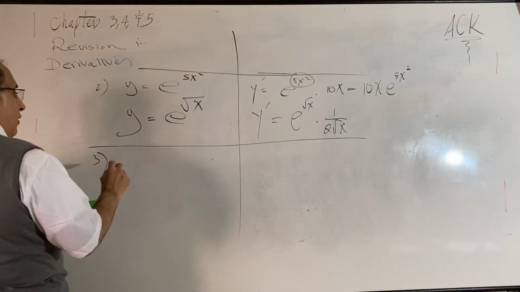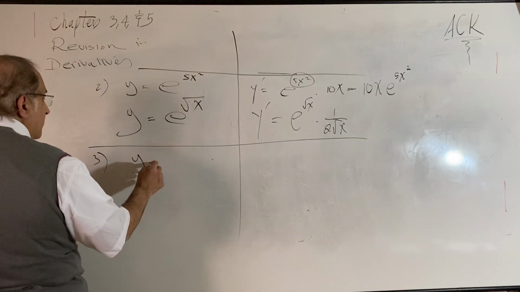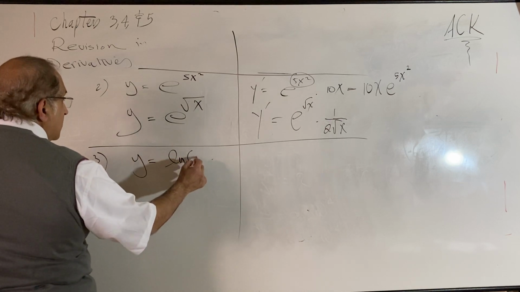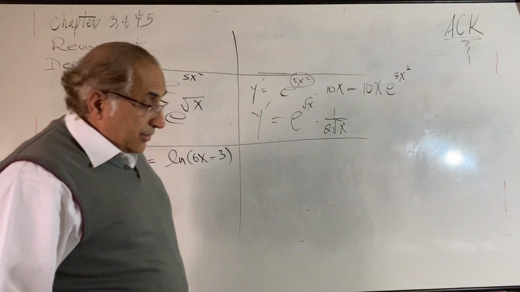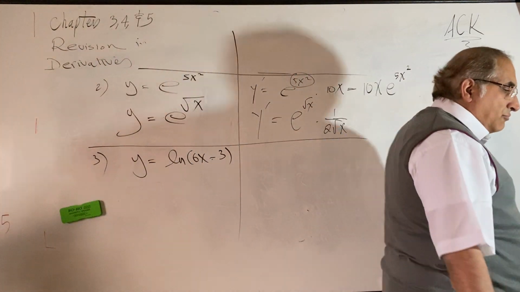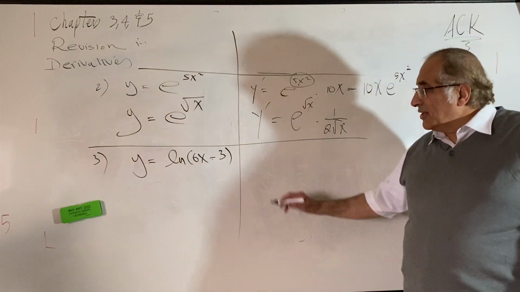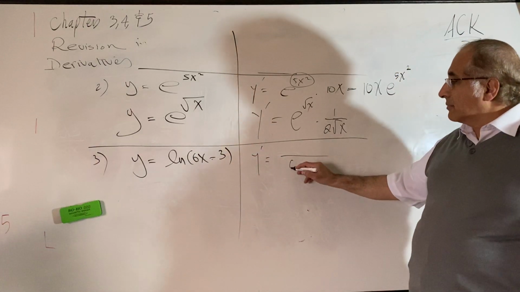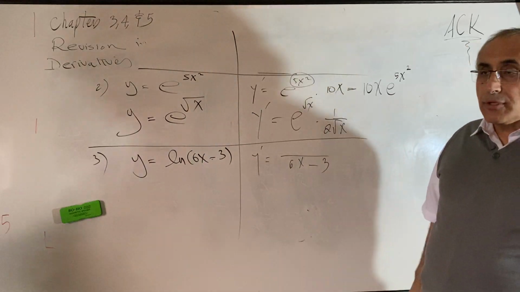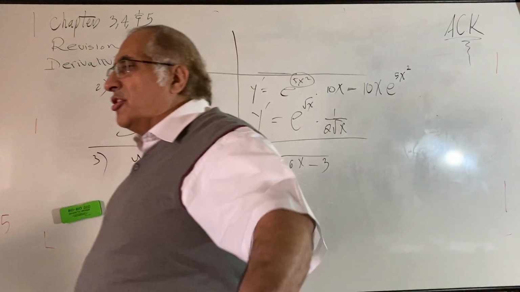What is the derivative of ln of 6x minus 3? The derivative of ln is simple and straightforward. Nobody needs to make any funny stuff. Simply, you take whatever is inside the bracket and put it down, all the time. Don't say 1 over. Put it in the denominator.